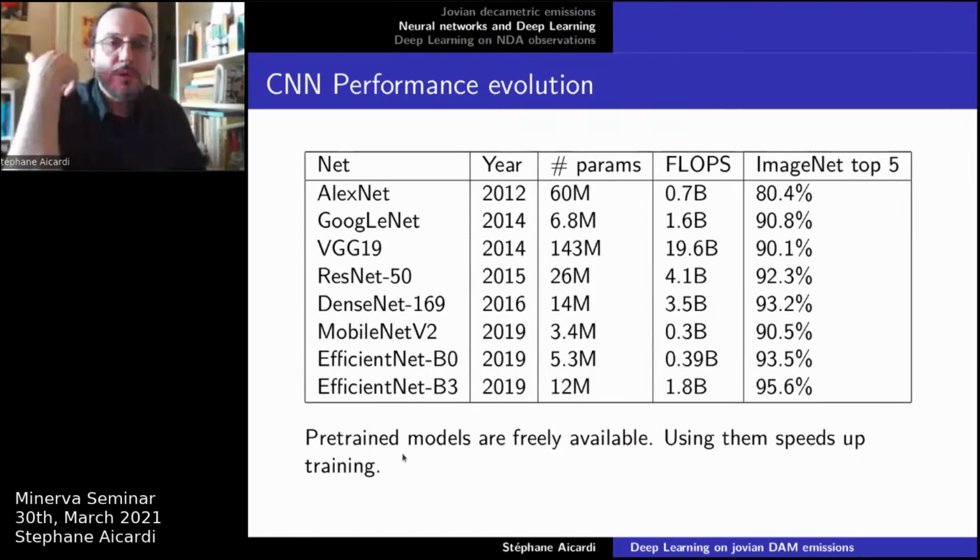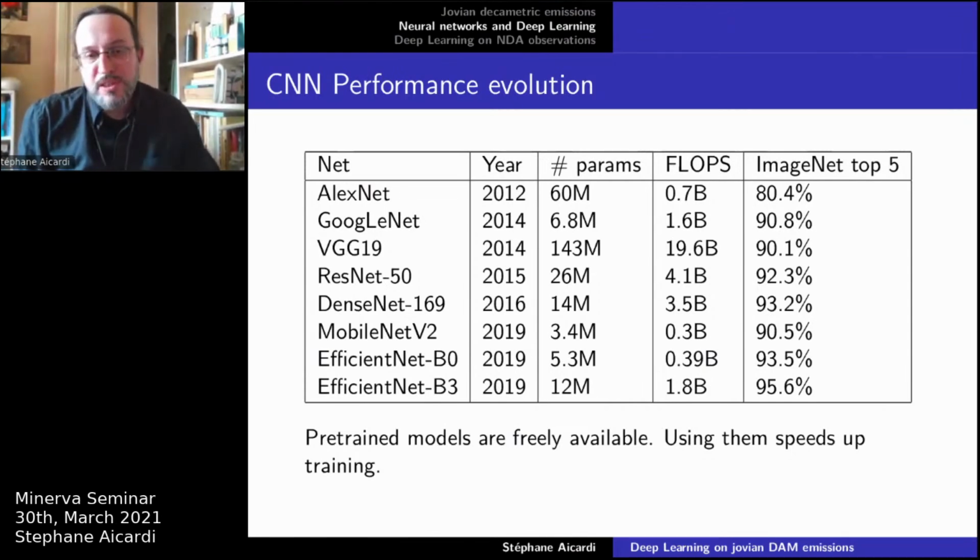What I want to show here is that there's been a lot of research in this domain, and all these networks are available with their weights. So we can use them directly in our code, even if we don't want to classify cats and dogs, but for example, Jupiter decametric emissions. And using them speeds up training very drastically.